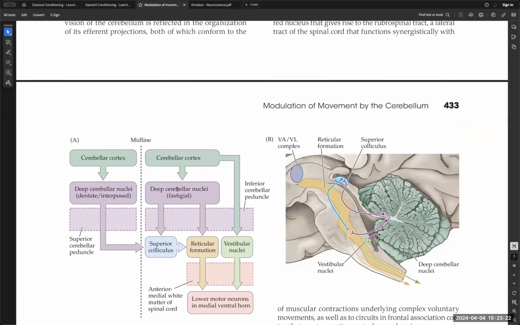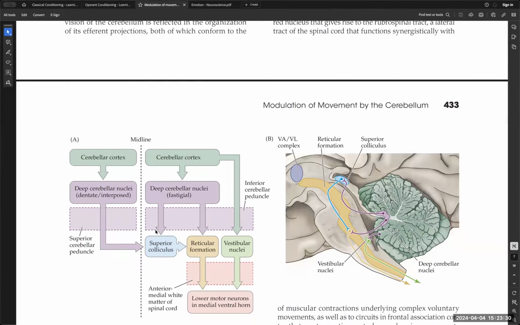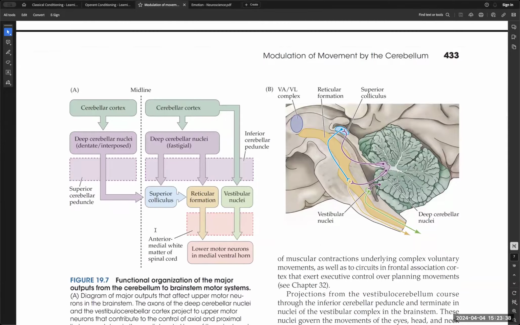So this is basically about the different outputs. We describe this as well, okay, in terms of how the deep cerebellar nuclei project to the superior colliculus and how this particular organization is extremely important for the regulation of brain stem activity in terms of the reticular formation, the muscle tone, the different aspects of coordination, as well as the vestibular nuclei, and then based on that, their effect on what we call lower motor neurons in the spinal cord.